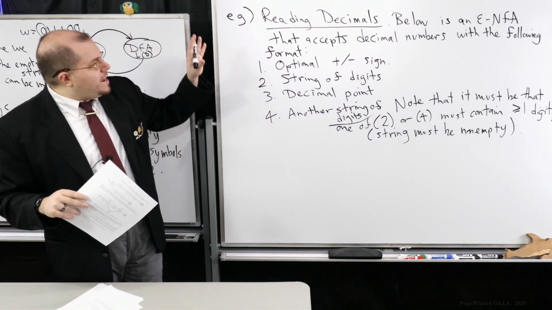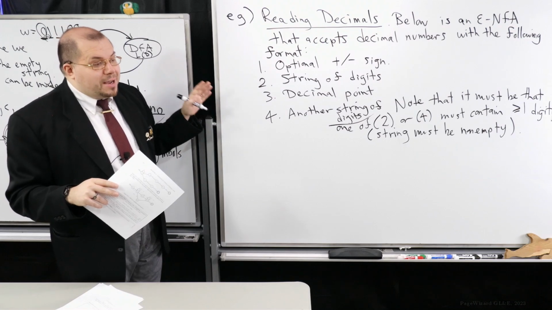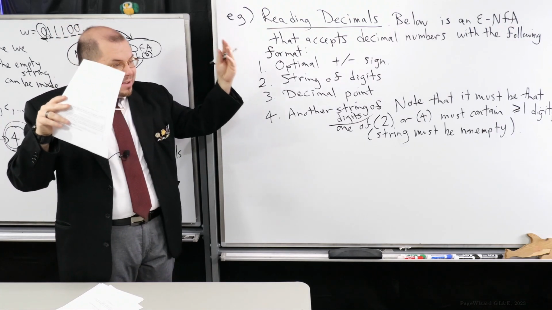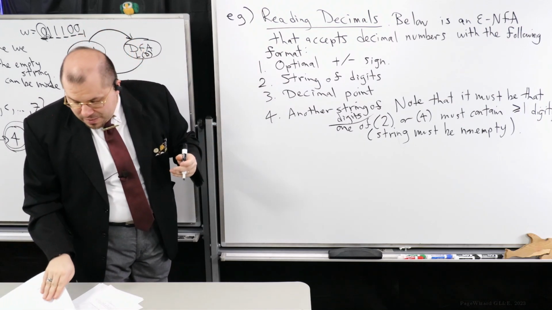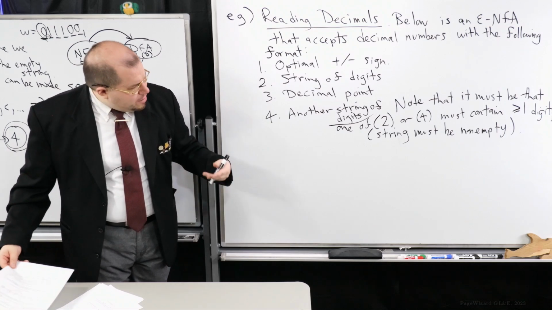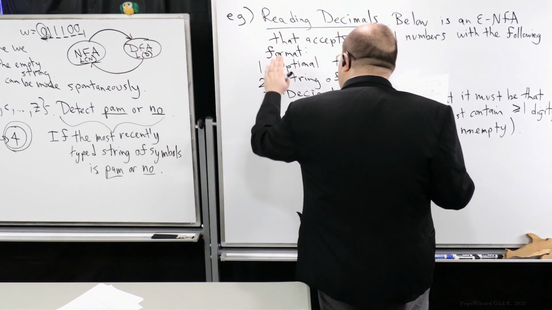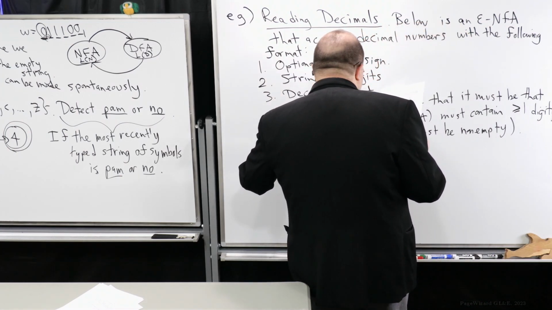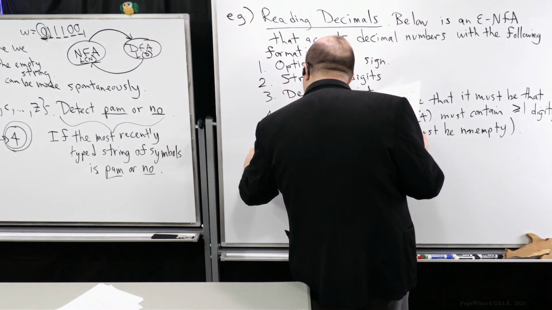So we're going to design an epsilon NFA that has all of these features, able to accept any decimal number written out as a string in the following form. So let's try drawing this out. Let's try to come up with something that follows these rules. We're going to have Q0, our start state.